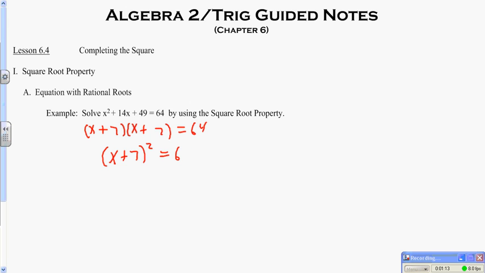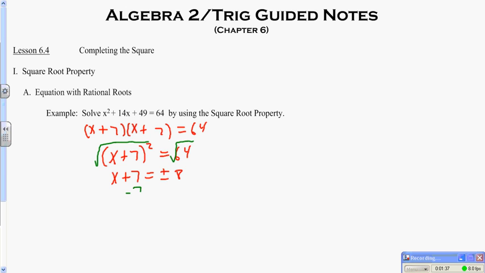Now this is pretty powerful when it comes to solving, because now we can go back to our basic solving with the square root property. That would give us x plus 7 equals a plus minus 8.